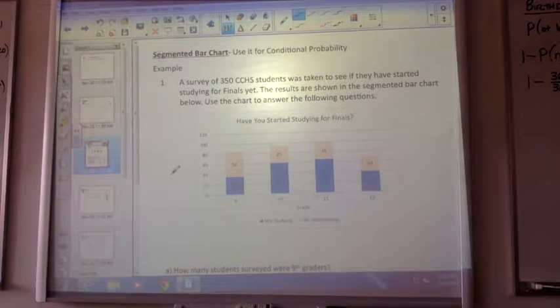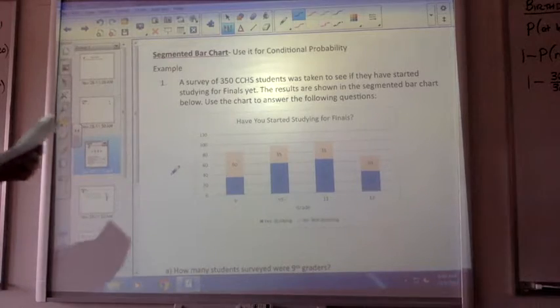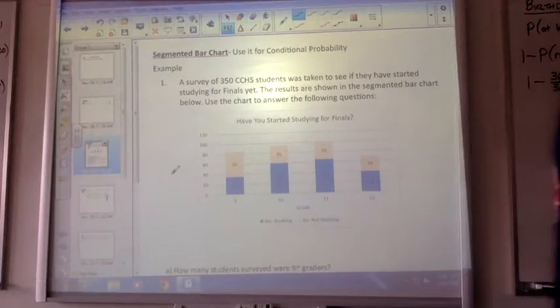All right, let's see. A survey of 350 CCHS students was taken to see if they have started studying for finals yet. The results are shown in the segmented bar chart below. Use the chart to answer the following questions.